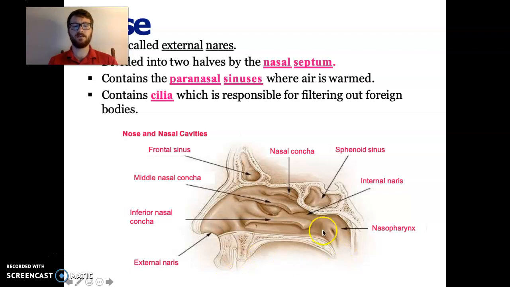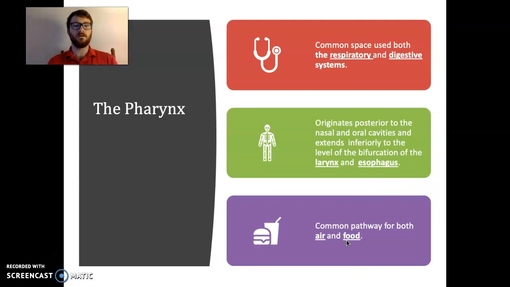And you see a couple of different things here. The nares, the sinuses, and the pathway it takes into the pharynx. We're going to talk about these different parts of the pharynx. The pharynx is the common space used for the respiratory and digestive systems.